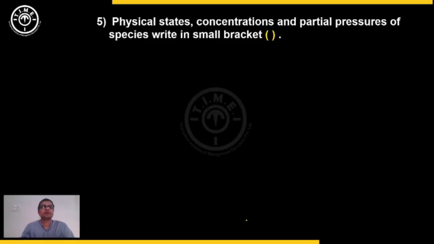Next, physical states, concentrations, and partial pressures of species are written in small brackets. Molar concentrations, and partial pressures, whether in atmospheres or in millimeters of mercury, are written in small brackets.